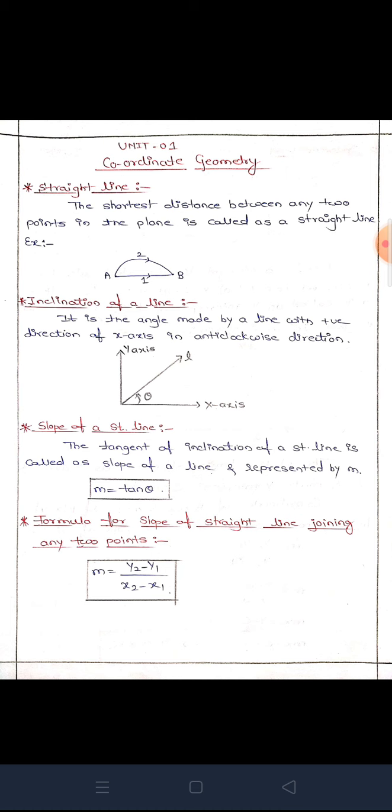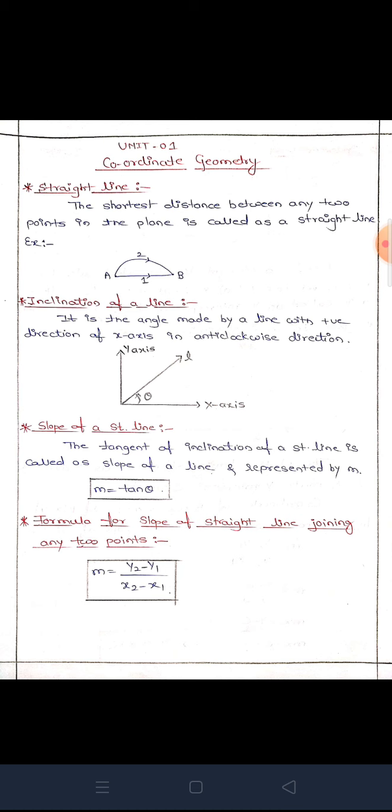Okay, then coming to the slope of the straight line, it is nothing but the tangent of the inclination of the straight line, and it is denoted by m. It is written as m is equal to tan theta, where theta is the angle of inclination. So whenever they give you an angle and tell you to find the slope, how to find it? m is equal to tan theta. Fine.